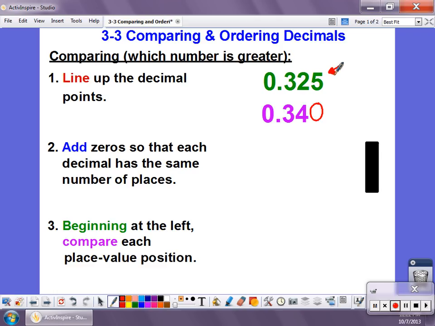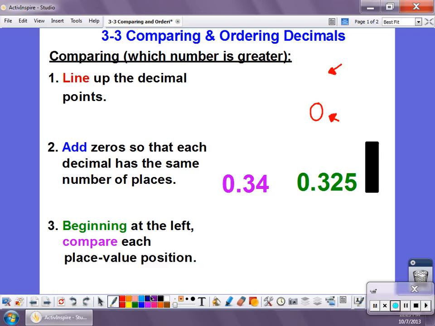So if we had a whole and we broke that whole into thousandths, this number would be 325 of those pieces. This number on the bottom is 340 pieces. So again, if you took that whole and broke it up into 1,000 pieces, this bottom number would be 340 of the 1,000 pieces. So 340 thousandths is going to be more pieces than 325 pieces.